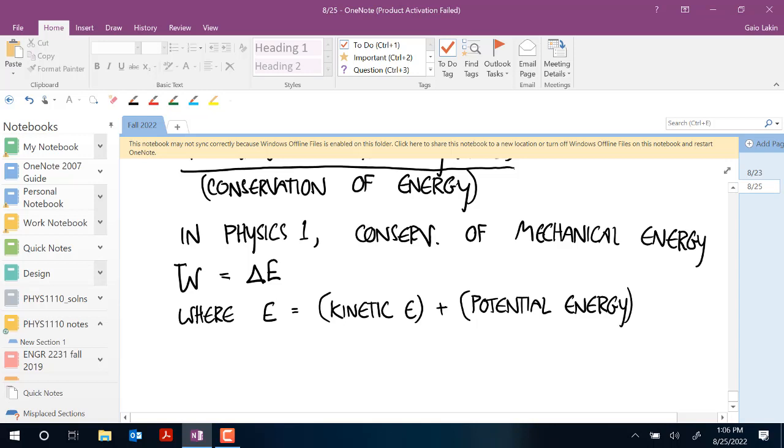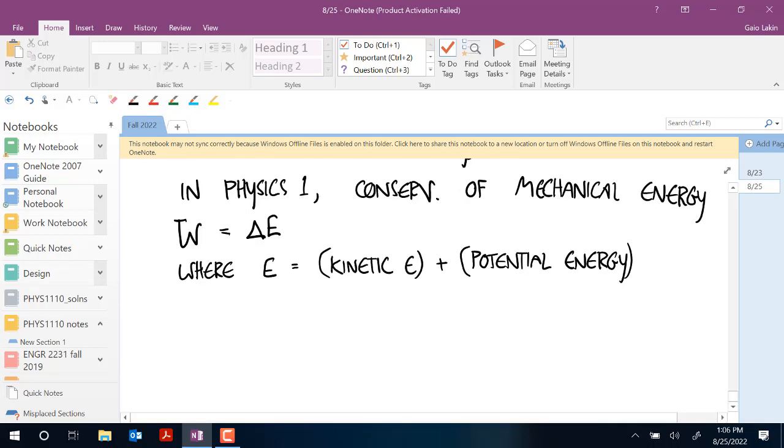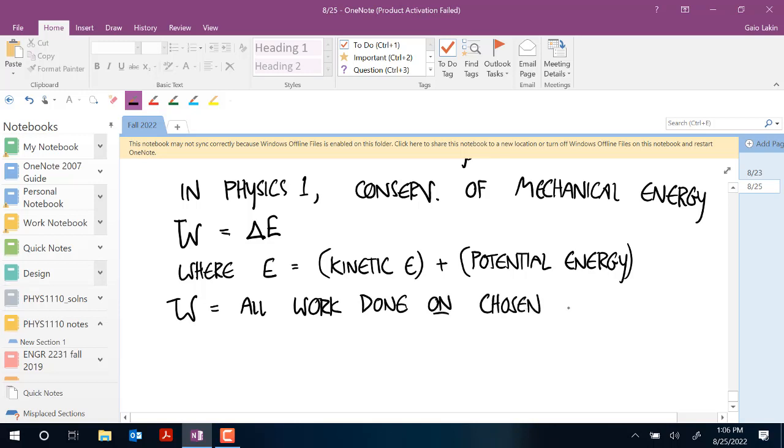So you could just have the total change in mechanical energy be the change in kinetic energy and have everything included in the work and not deal with potential at all. With this definition, work is all work done on the chosen object by non-conservative forces.